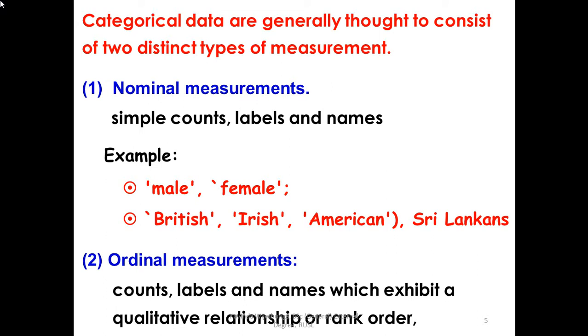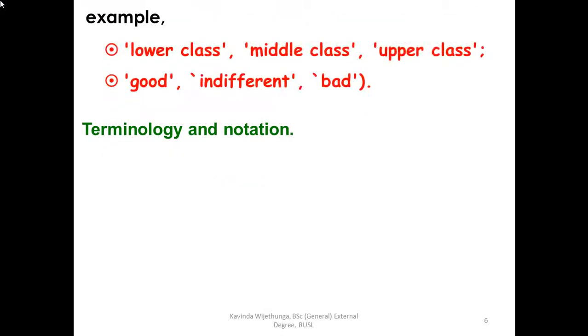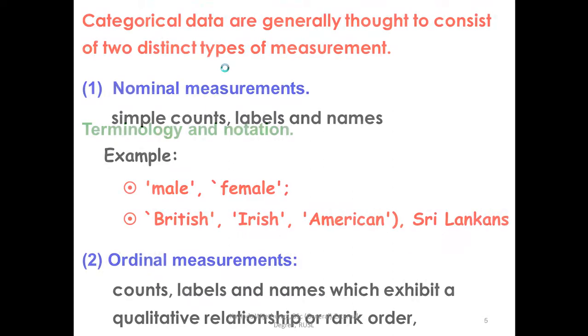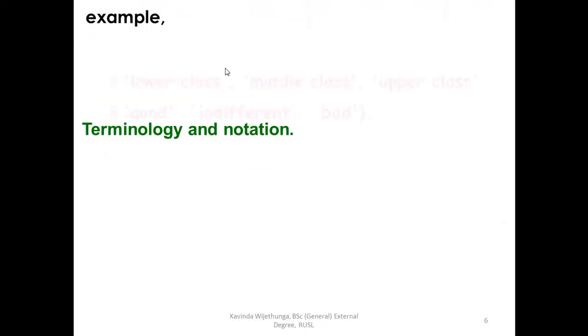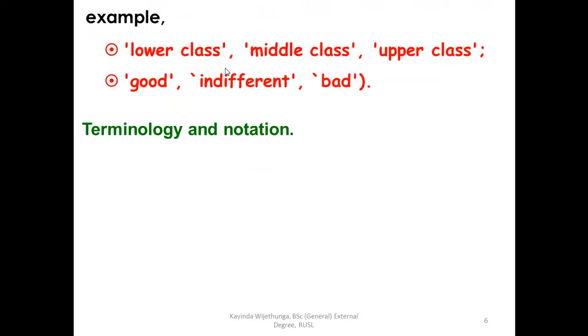Ordinal measurements: counts, labels and names which exhibit a qualitative relationship or rank order. Examples: lower class, middle class, upper class; good, indifferent, bad. These types of categorical data, nominal measurements and ordinal measurements, we can use in contingency tables.